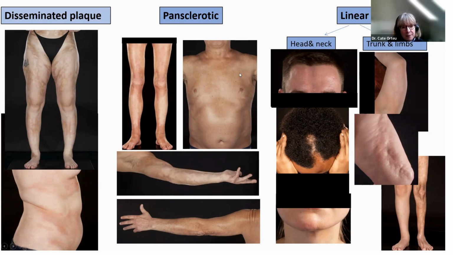The key feature is circumferential involvement. You can see this patient has shiny, tight, thickened skin all over his abdomen and across his chest, and the skin creases are no longer evident. It all looks like a tight, shiny drum, and that's often how it feels for patients as well.